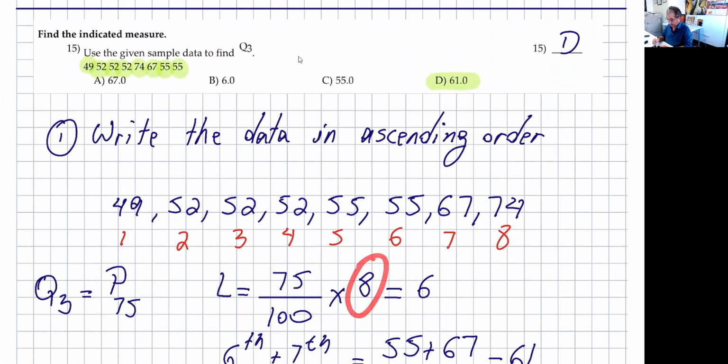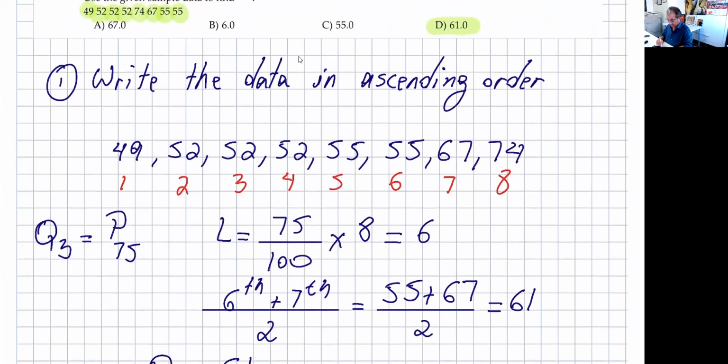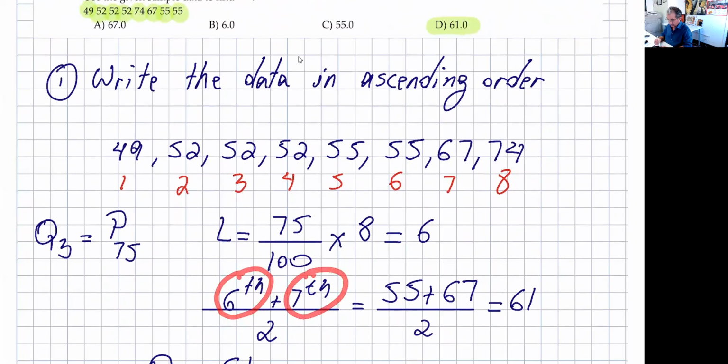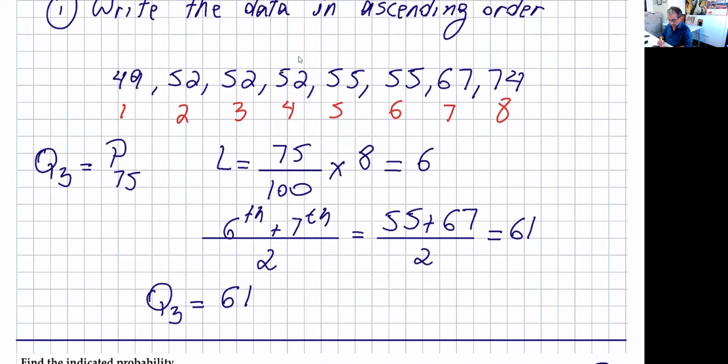N is 8. And you get 6. 6 is a whole number in this case, so you take the average of the 6th number and the 7th number. Average means you take the 6th number plus the 7th number and divide by 2, and the answer is 61. Don't change that number. Don't round it. Whatever you get, just write it. So Q3 is 61.